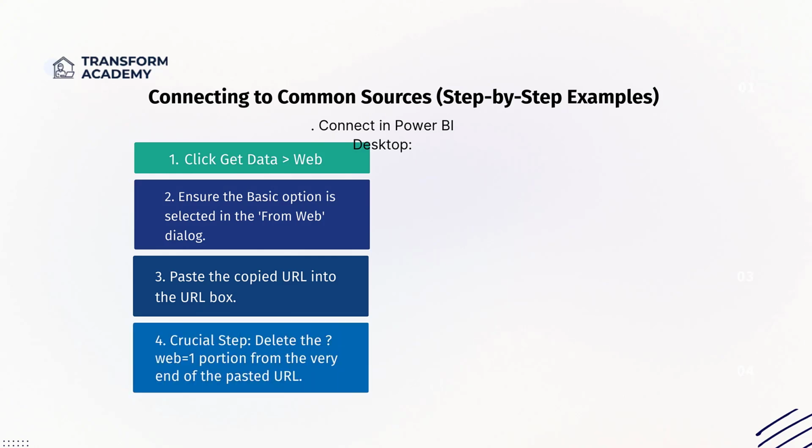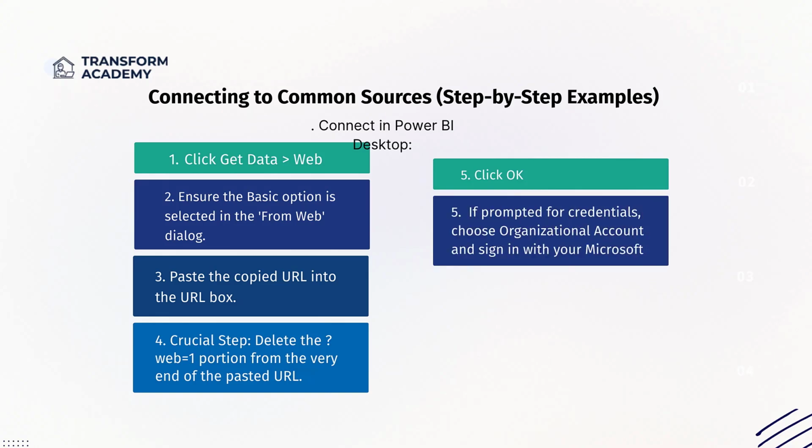Crucial step: delete the question mark web equals 1 portion from the very end of the pasted URL. This is necessary for Power Query to navigate correctly. Click OK. If prompted for credentials, choose Organizational account and sign in with your Microsoft 365 or OneDrive SharePoint credentials.